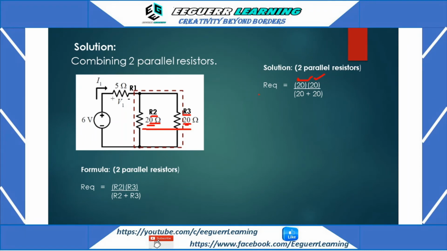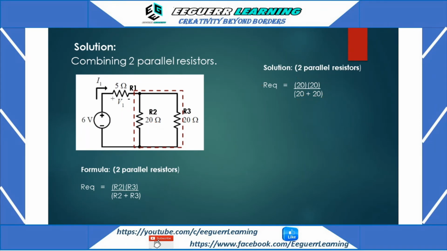But if we're going to continue to apply our formula, we can do that by applying R2 times R3 over R2 plus R3, which is 20 plus 20.